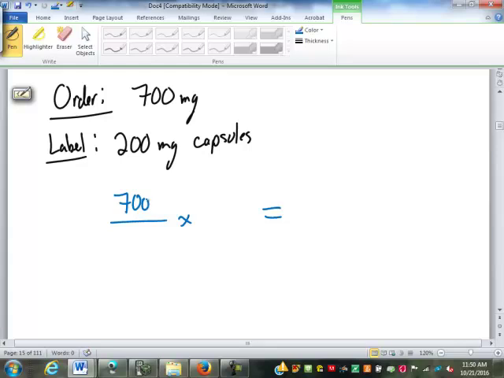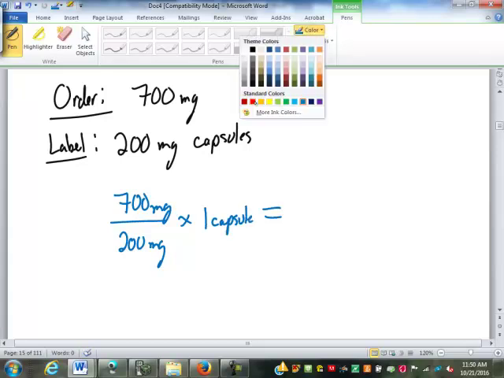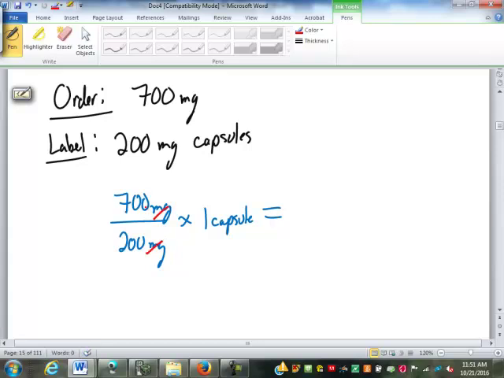Okay, so 700 milligrams is our desired. You said over 200. That's our on hand. Times one capsule. So the milligrams cancel. 700 over 200 is 3.5. 3.5 times one capsule is 3.5 capsules.